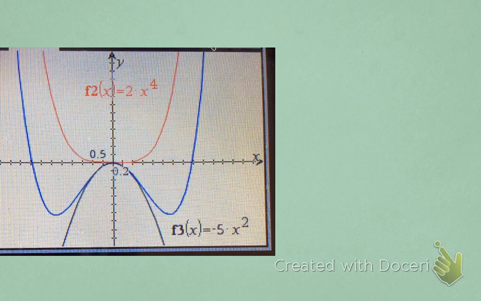And that's what we have here. You see the red graph, which is 2x to the fourth, the black graph, which is negative 5x squared, and the blue graph, which is our g of x graph.